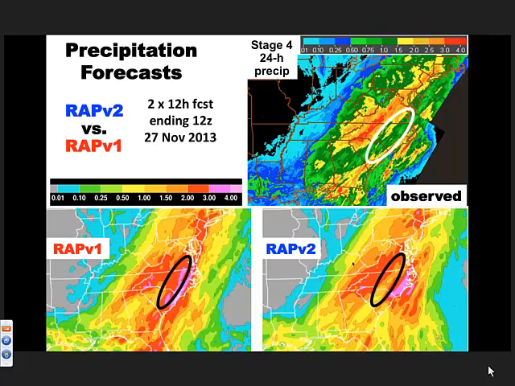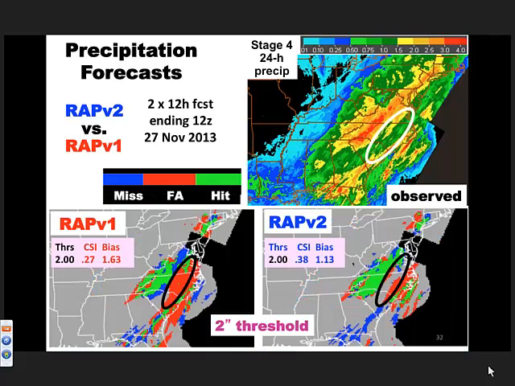Now I tried to go to this next slide, which actually shows that. This is looking at verification. Slowly it will come up. There we go. This is using some color coding versus the observed stage 4 precipitation. The greens mean what you think they ought to mean.